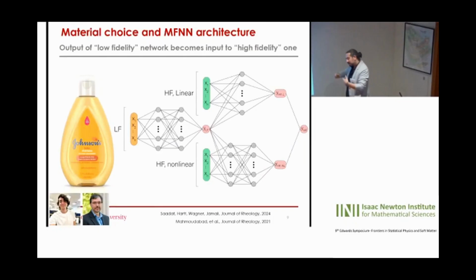The idea was, okay, using multi-fidelity modeling and experimental rheology, can we predict linear and nonlinear rheological properties of a complex fluid? For the type of fluid, we picked Johnson & Johnson's baby shampoo. That was Norm's choice. The idea was this should be available to anybody who wants to reproduce the data, and the algorithms are open for anybody who wants to use it too.